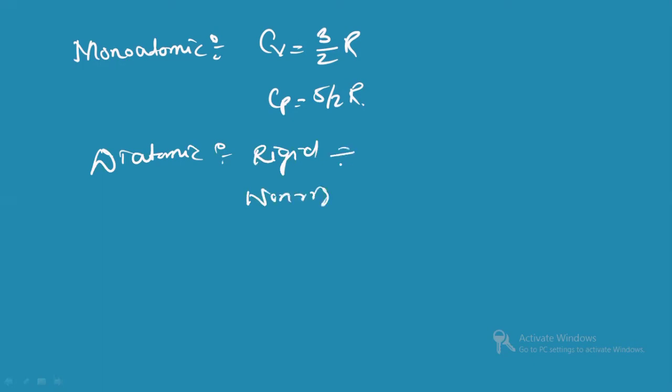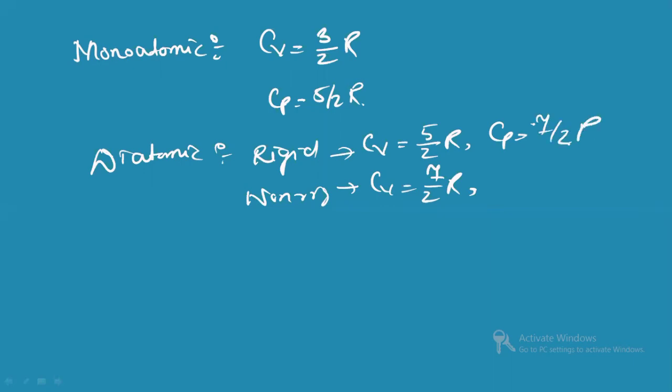For rigid molecule, the value of Cv is 5/2R. And for non-rigid, Cv is how much? 7/2R. Yes or no? For rigid molecule, Cp, the specific heat at constant pressure, is 7/2R. And Cp for non-rigid molecule is 9/2R.